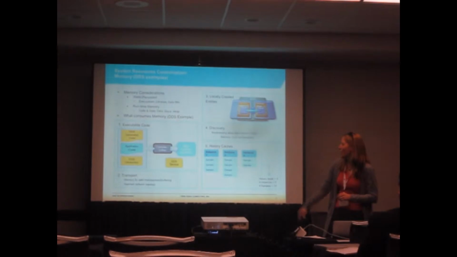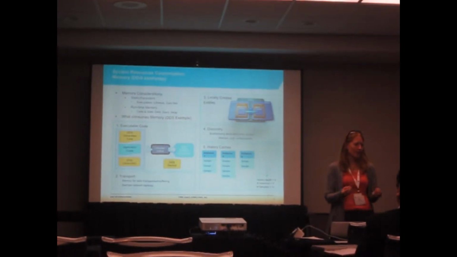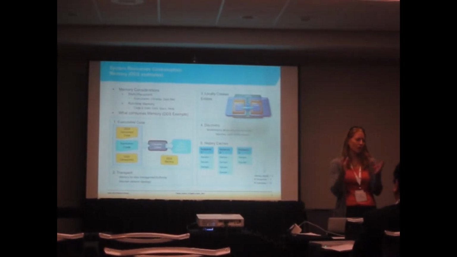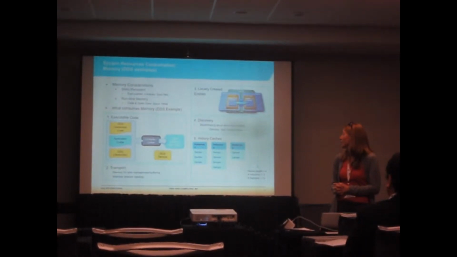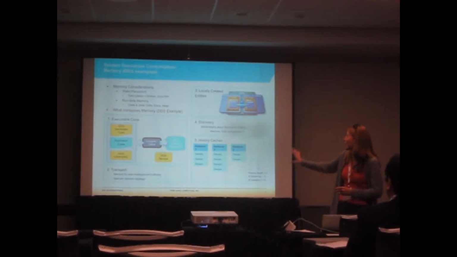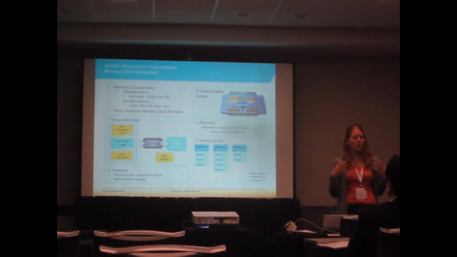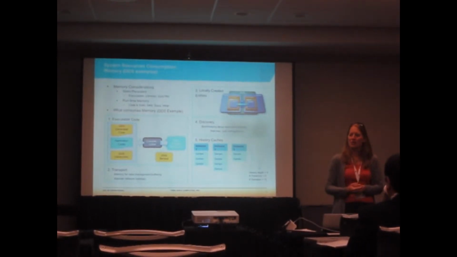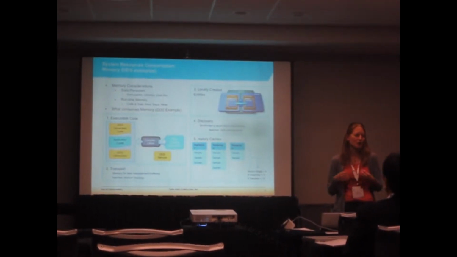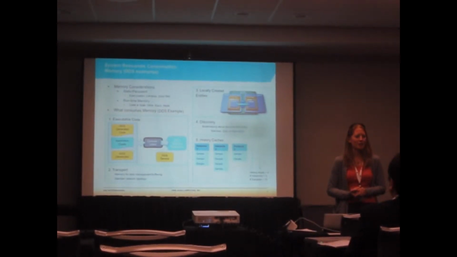The other parts that you have is part of your transport. If you're using a TCP or a UDP IP-based transport, chances are you have buffers that will hold the data as it's put onto the wire or as it's come off the wire. You have locally created entities. For the DDS architecture, you will create a domain participant to participate on the DDS network. You'll create your data reader or your data writer, and these things will allocate memory as they're created.